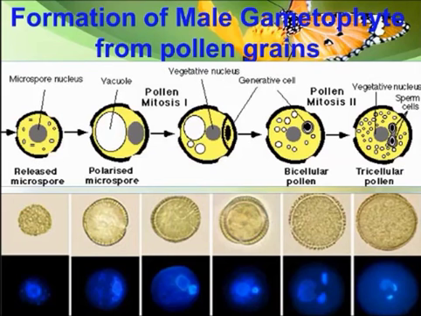The engulfed generative cell divides once more by mitosis to form two non-motile, remember, non-motile male gametes or sperm cells, which are completely enclosed within the vegetative cell cytoplasm either before pollen is shed, as tricellular pollen, or within the pollen tube, as bicellular pollen. The lower panel shows the dark stained images of the nucleus.